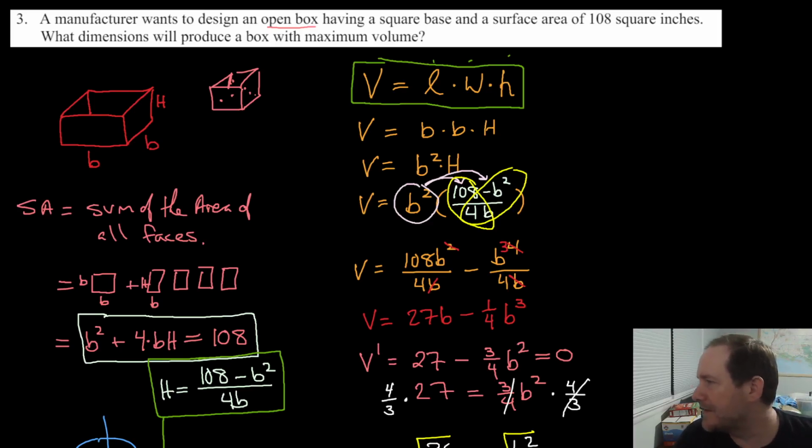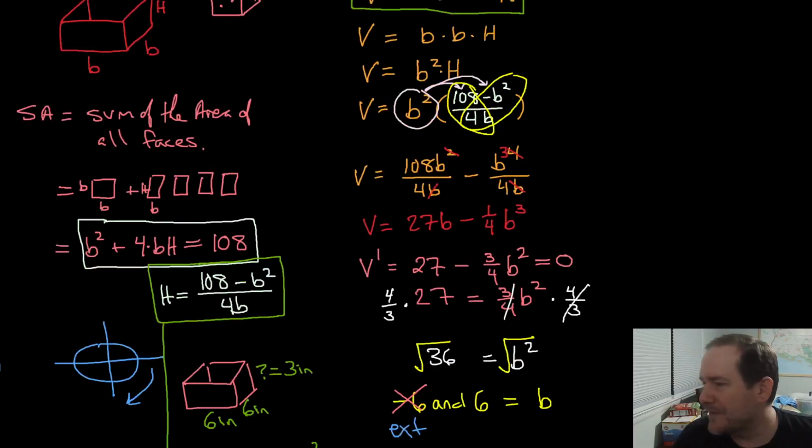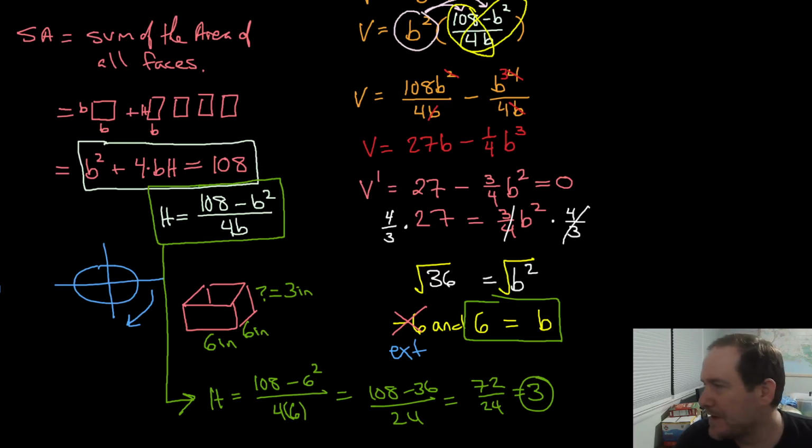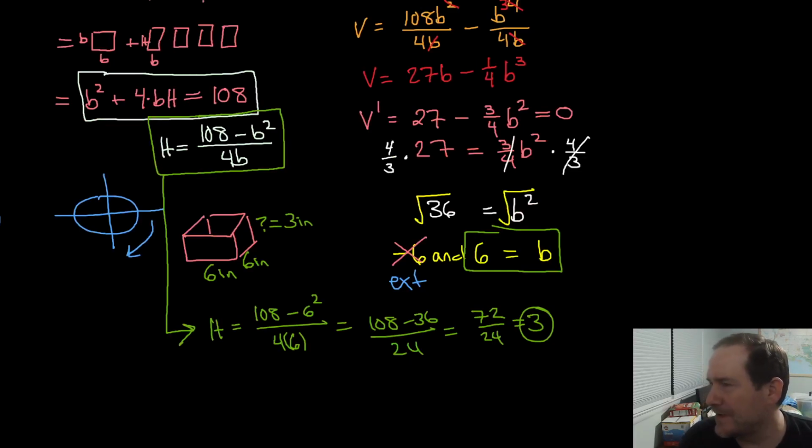I'll scroll back down to the final answer. But don't forget, the final answer was never that the base was 6. The final answer was giving me all the dimensions of the box. And technically there's another question I could ask: what's the volume? So you might want to tell me that the dimensions are 6 inches by 6 inches by 3 inches.